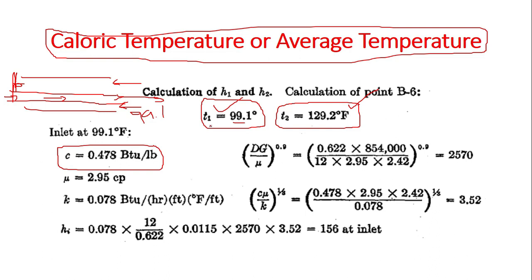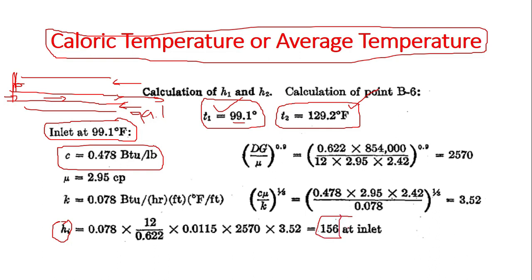Let me take an example: if we use the inlet temperature of the cold fluid, 99.1 degrees Fahrenheit, to determine the specific heat, viscosity and thermal conductivity, and after putting all the values in the formulas we determine the film coefficient, it would be equal to 156.